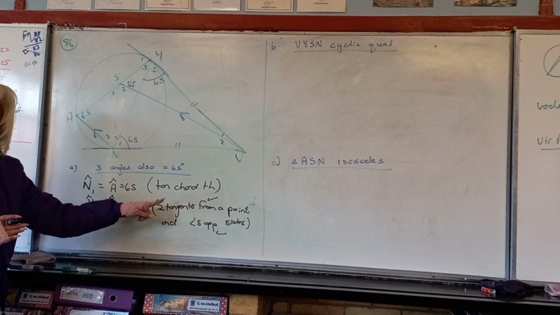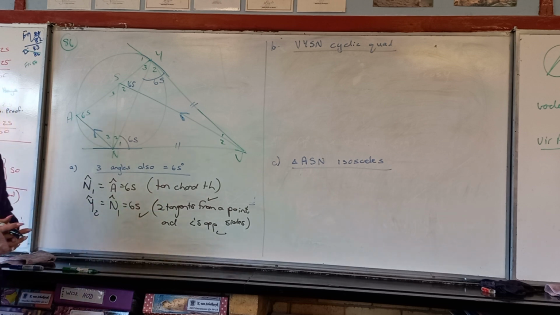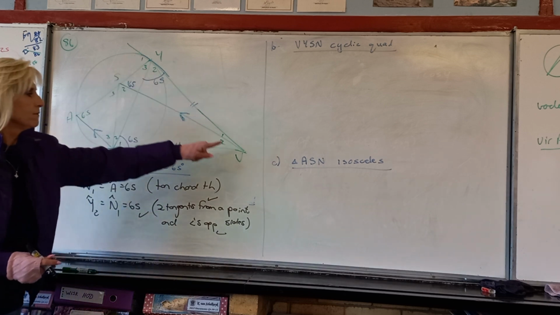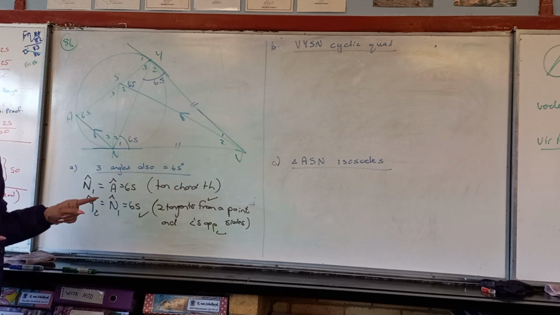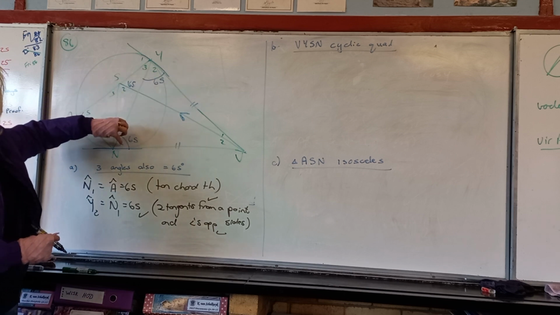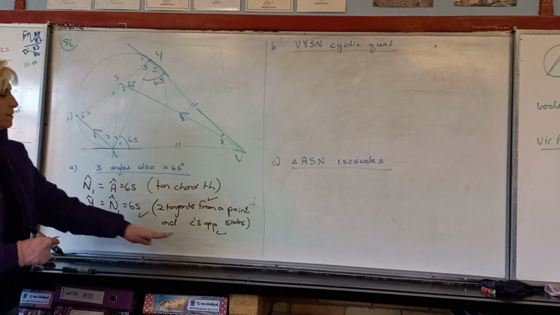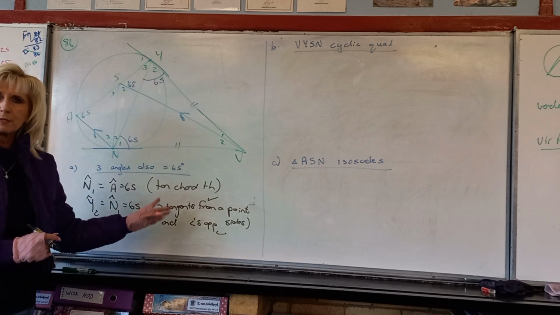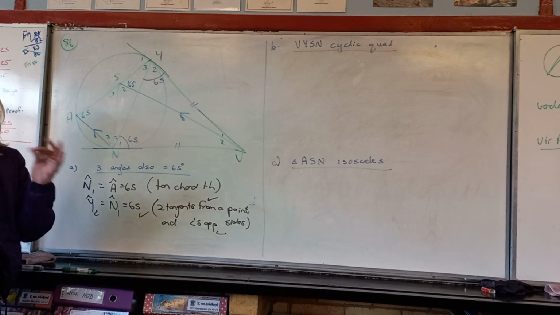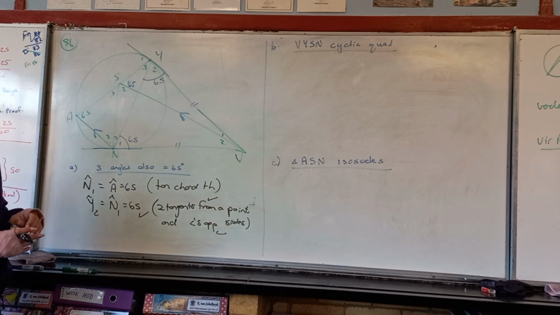The answer, and there were two reasons. Some people would rather say, let's first say YV and VN are equal, reason: two tangents from a point. Next step, those angles are both 65 because of angles opposite equal sides. And please remember when it should be sides opposite equal angles. Make sure you distinguish.